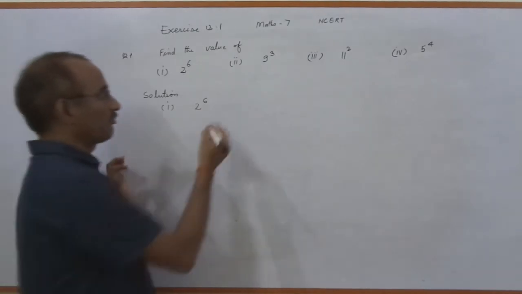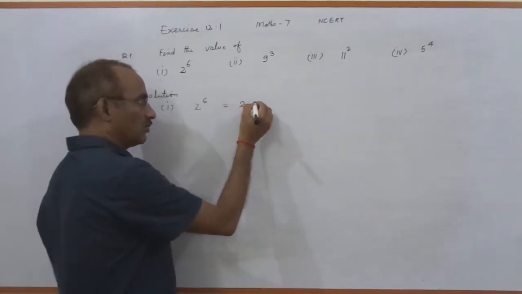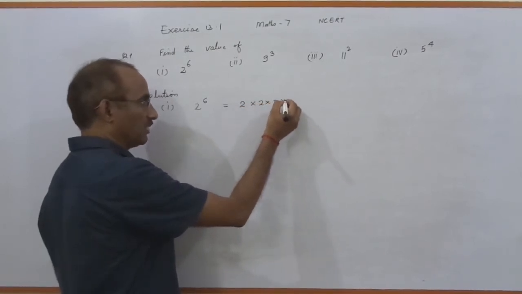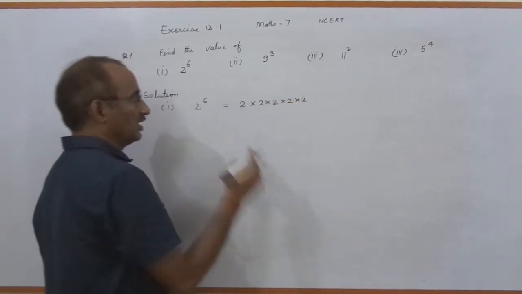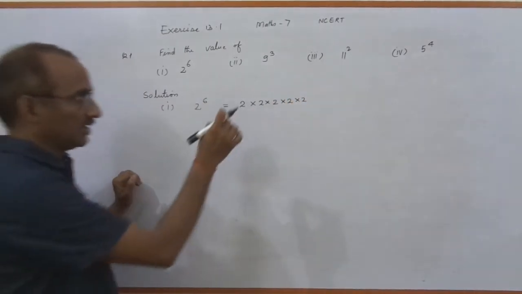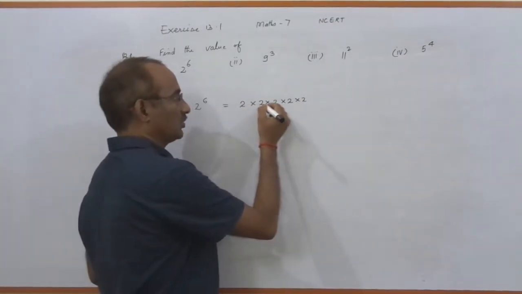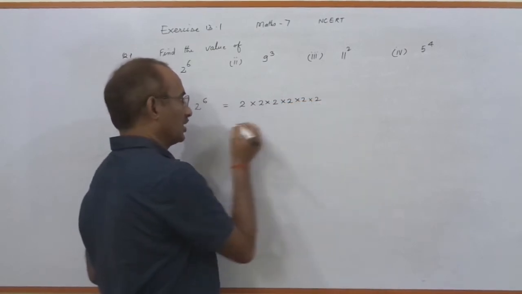It means we can write 2 multiplied with 2 multiplied with 2 multiplied with 2 multiplied with 2. If the power is 6, we repeat 2 six times: 2 into 2 into 2 into 2 into 2 into 2.